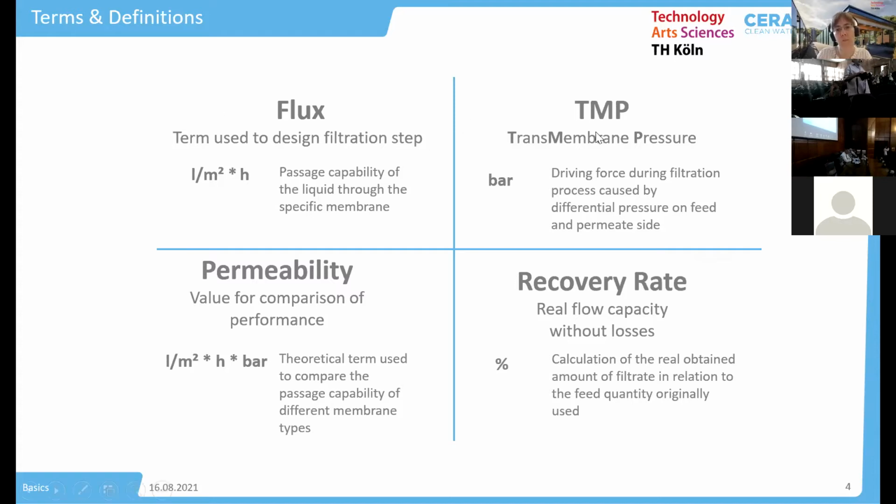And when you combine the transmembrane pressure with the flux, you have a wonderful value for comparison of the performance of different membrane systems, because you combine not only the volume of the liquid, you combine also the membrane area, the time, and the pressure. And with this number, you can always compare different membrane systems.